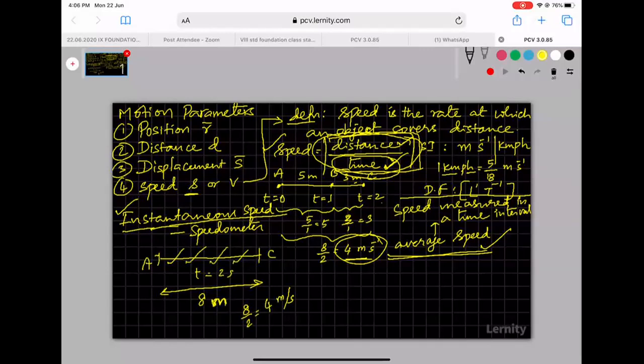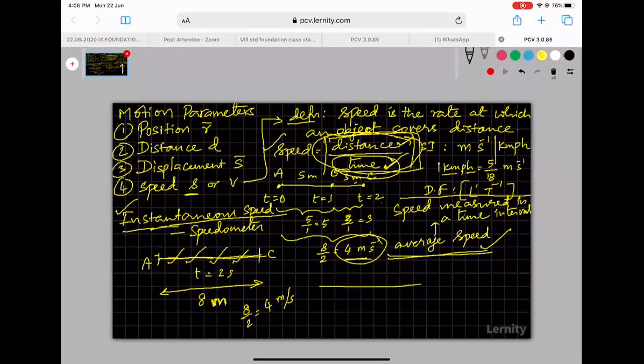The speed measured at any instant is going to be the average speed. Average of same numbers is still going to be the same number. But if the speed is changing, what do you do?